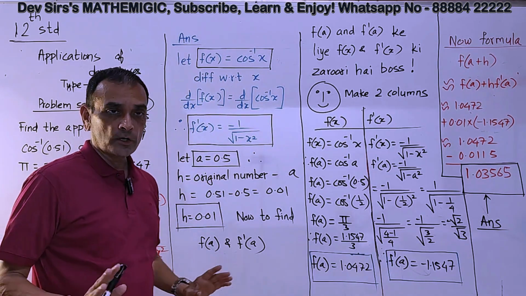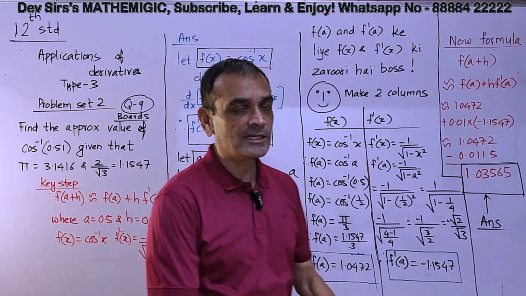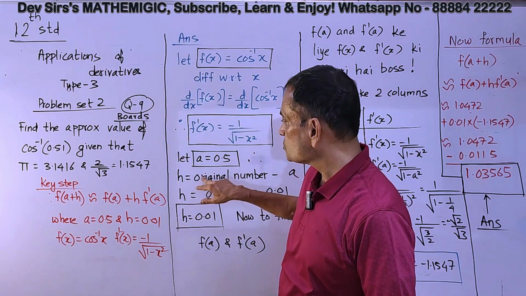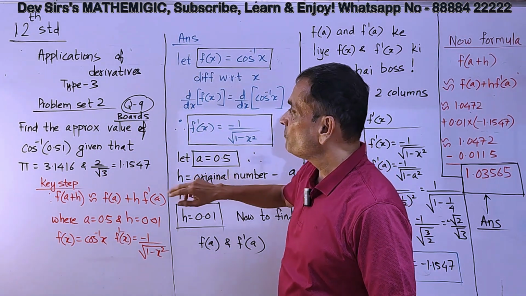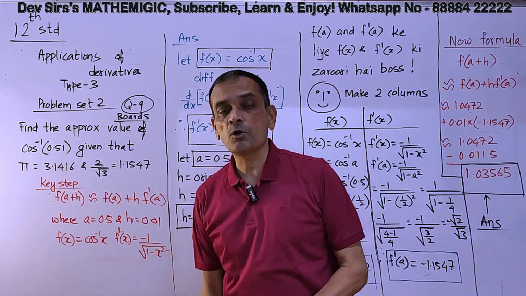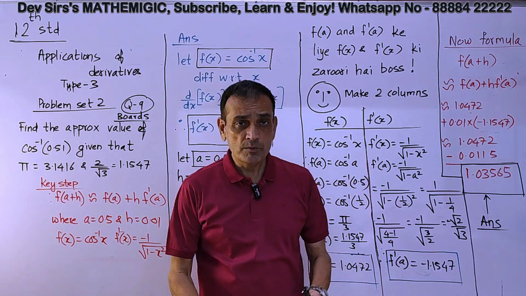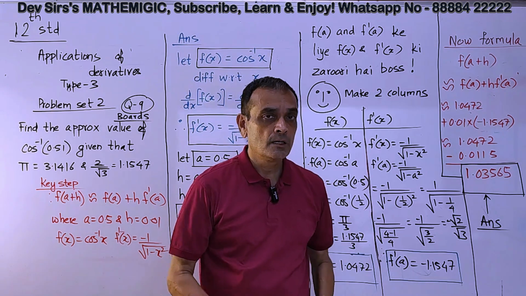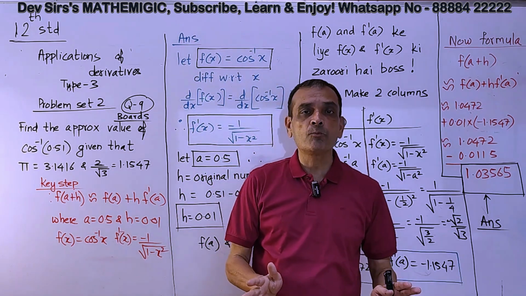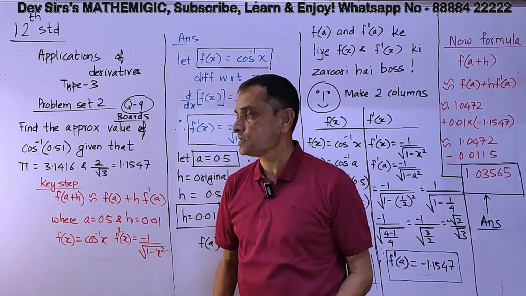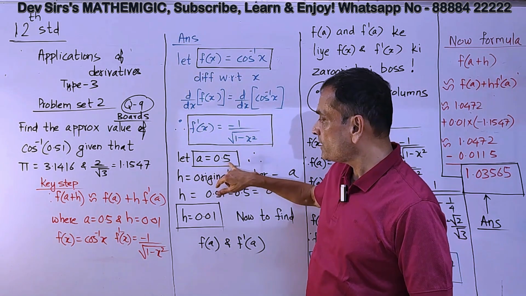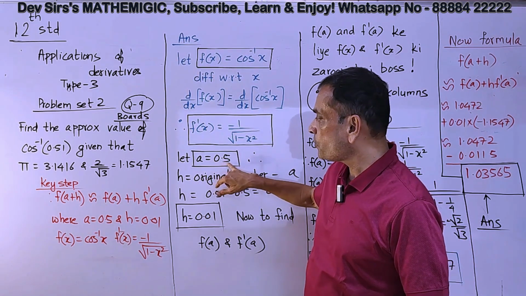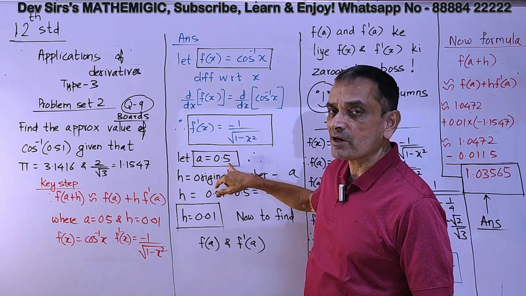Okay, after f of x and f dash x, what next? Select a suitable number a which is near to this 0.51. A number near 0.51 is 0.52 also. So why are we selecting 0.5? You will realize. Select a suitable number. I have selected 0.5, a half.